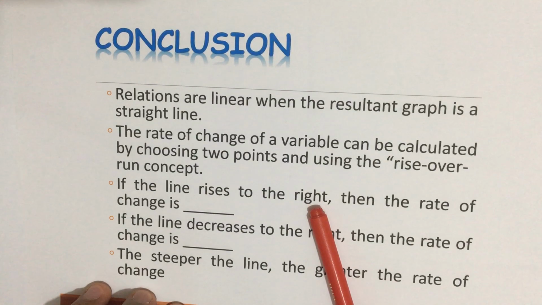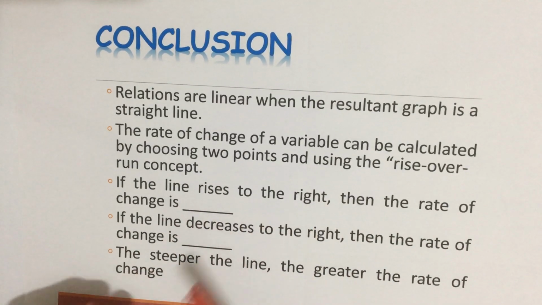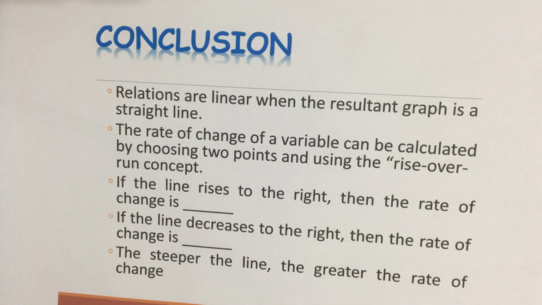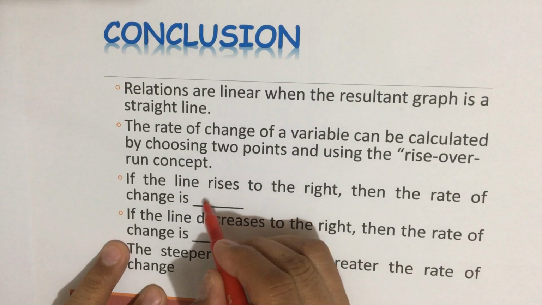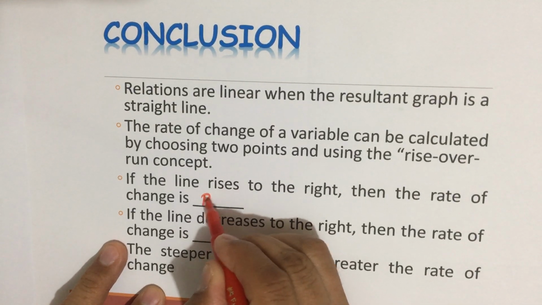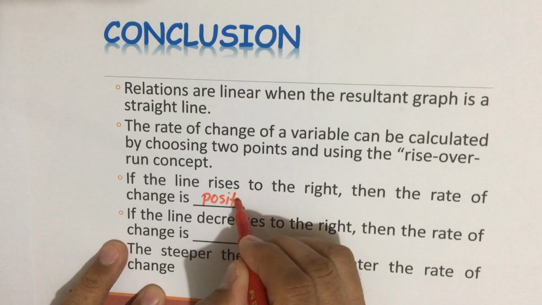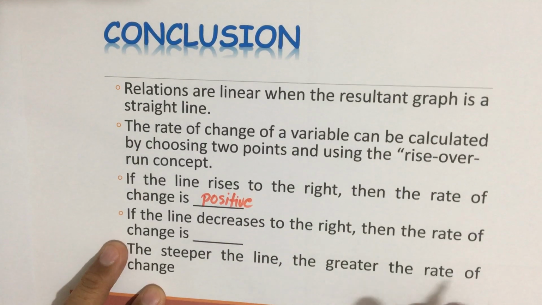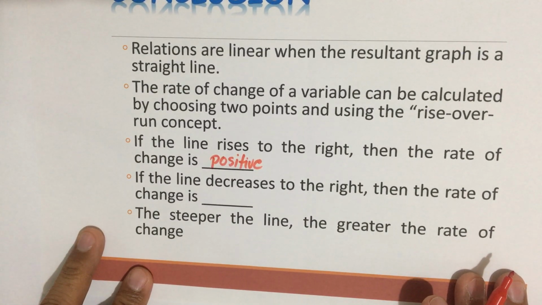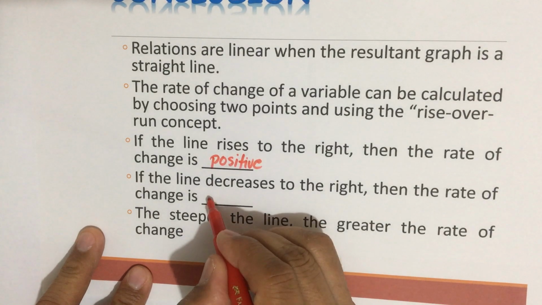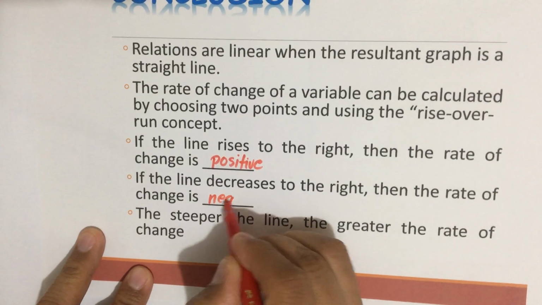And if the line rises to the right, what does it mean? What is the rate of change? If the line rises to the right, then the rate of change is positive. And if the line decreases to the right, then the rate of change is negative.